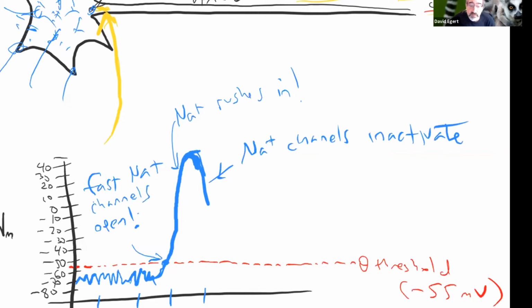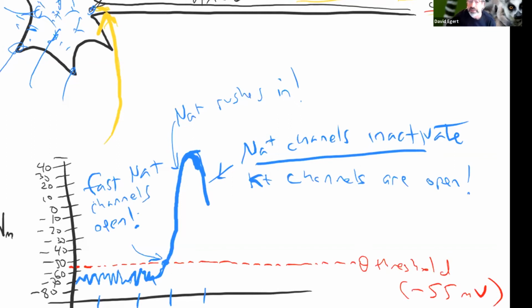And then what else is happening after a millisecond? The potassium channels open. Exactly. Now the potassium channels are open. So all of a sudden, the sodium channels have been inactivated and the potassium channels are open, which means now we have primarily a potassium conductance, which is going to bring us down towards minus 90.